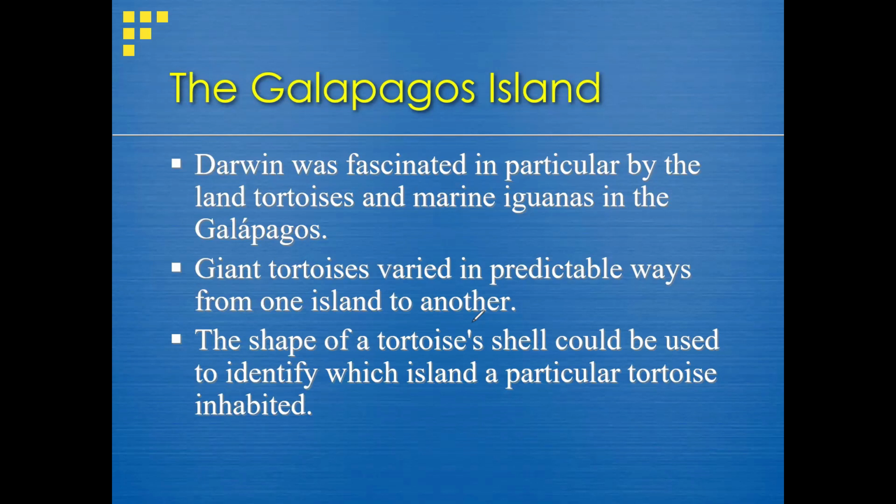Ladies and gentlemen, there is one thing that I want you to understand in this concept of Galapagos Island. You should understand that even the same organisms may differ from one another depending on their environment. Like for example, we are human beings. You cannot say that the kinds of human beings you find in Nigeria or in Africa will be exactly the same as those found in America, in Japan, in China.